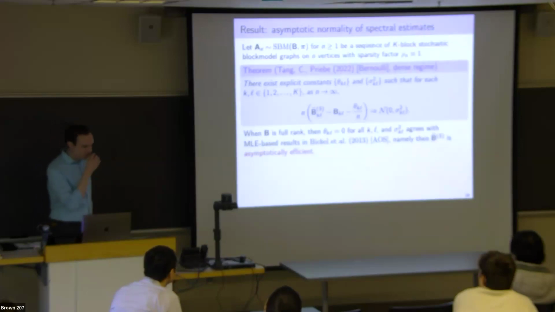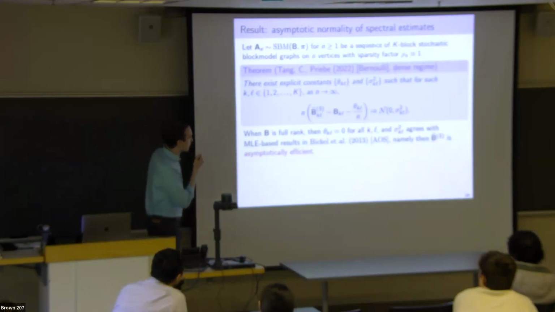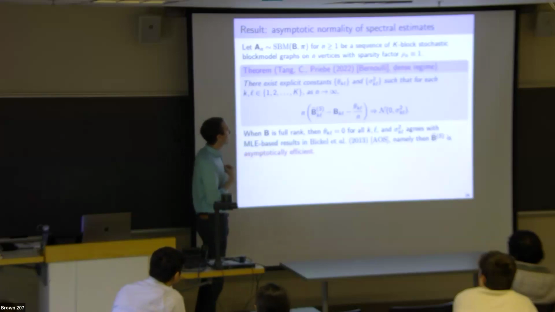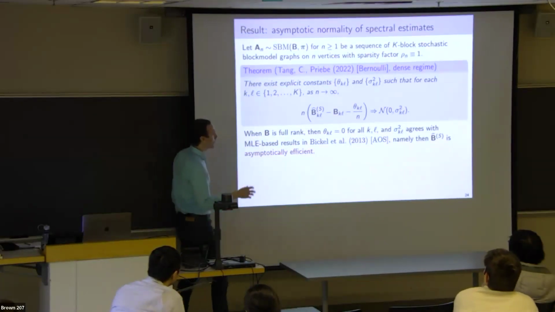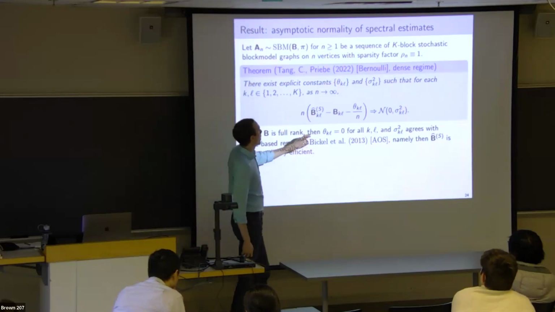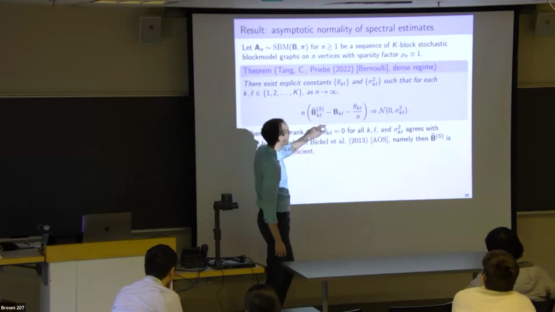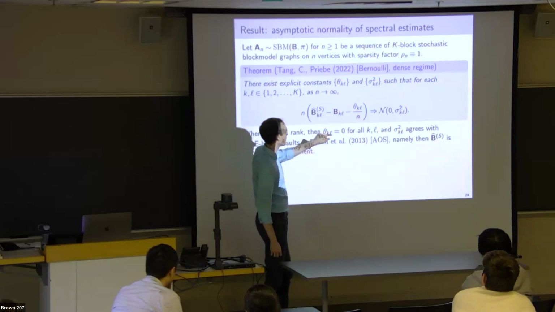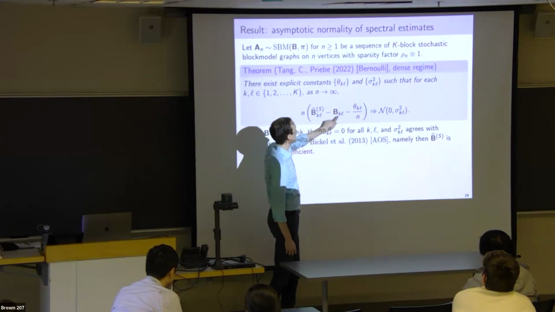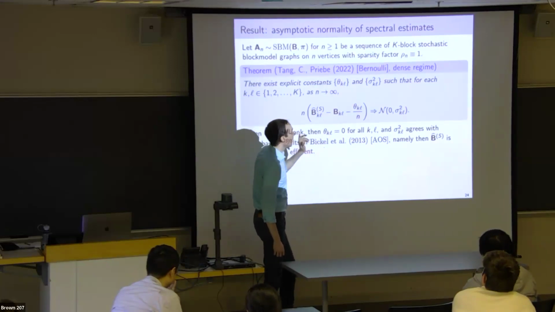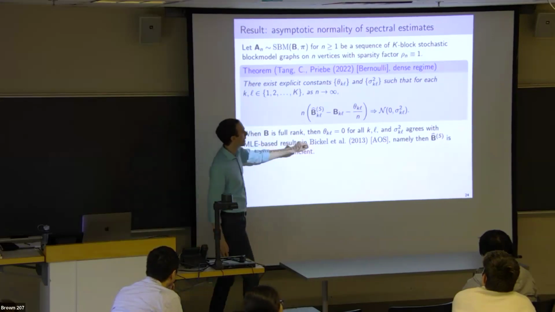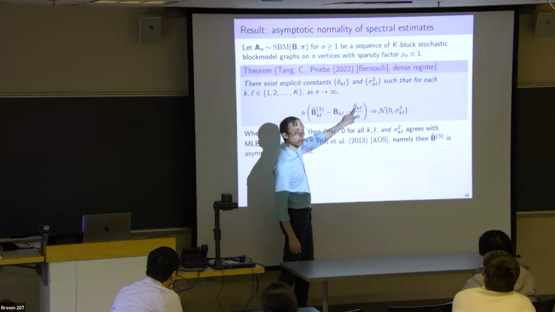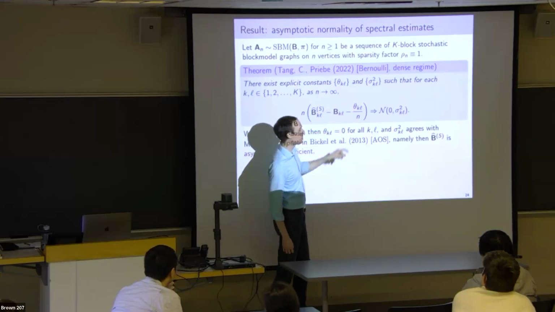Okay. So we have some results that tell us how well we can estimate the true probabilities B_KL here. We have asymptotic normality results that basically say our spectral estimators are asymptotically normal about the true probability. But then, depending on if the matrix B is full rank or not, there are possibly asymptotic bias terms that start to appear.